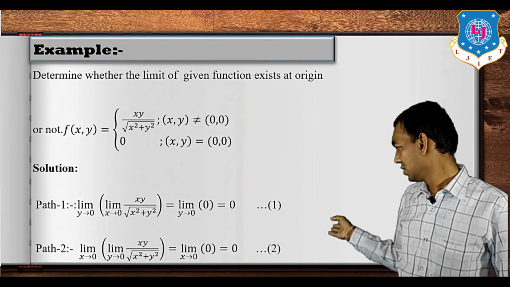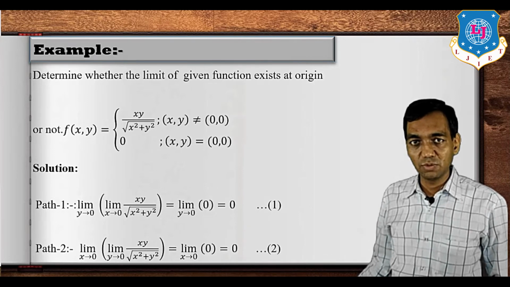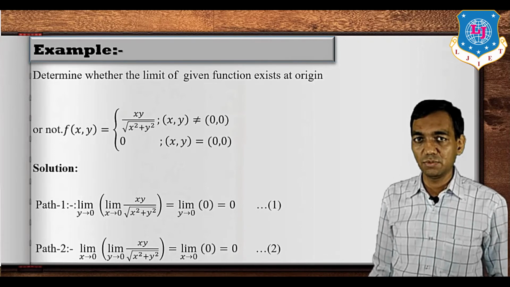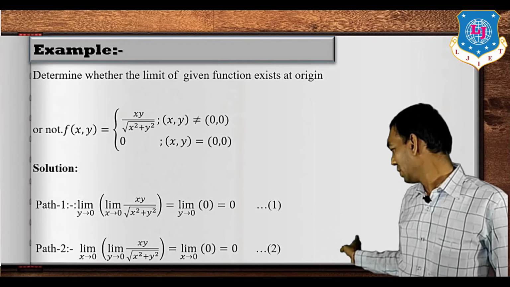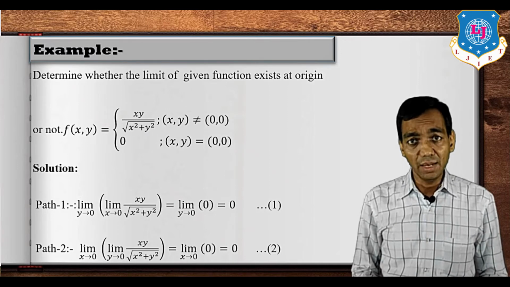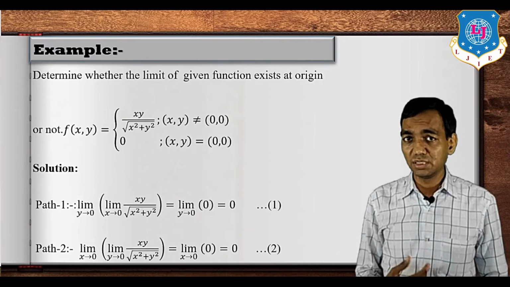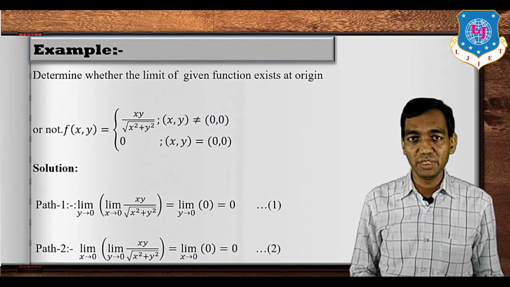In the same manner, secondly, for path 2, limit x tends to 0, limit y tends to 0, of xy upon under root of x square plus y square. If we put y as 0, then you will have limit x tends to 0 of 0 divided by under root of x square, that will be 0. And that's why you have limit 0. So for both paths, you have limit 0.